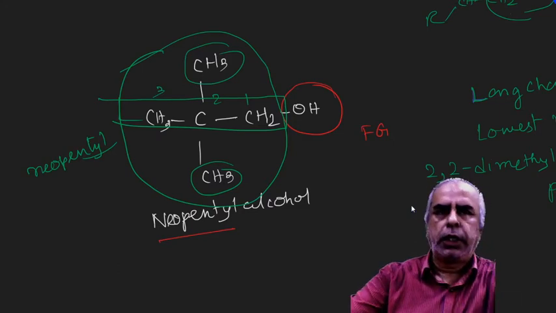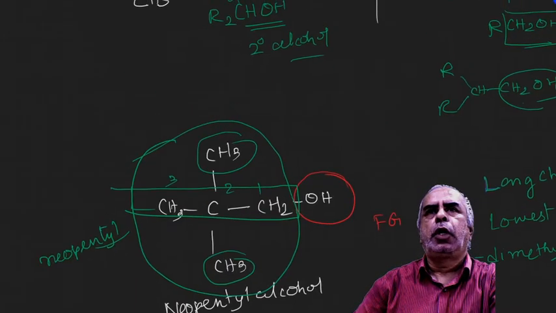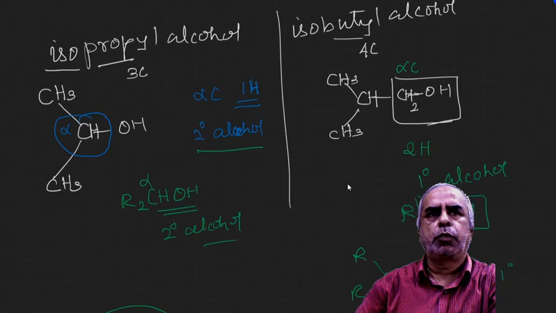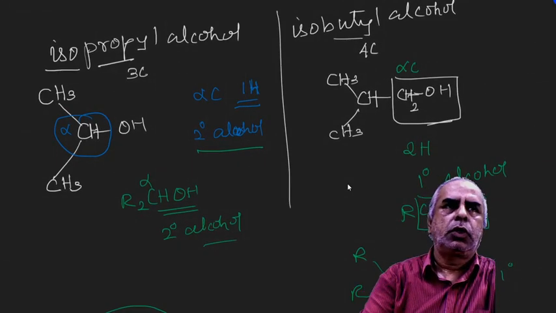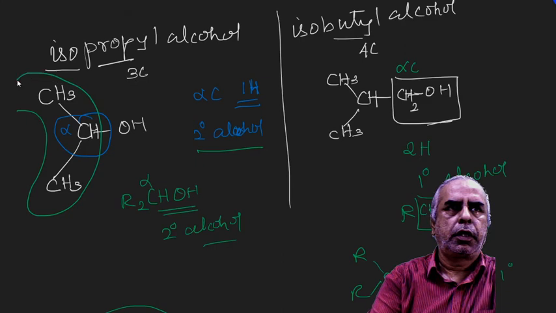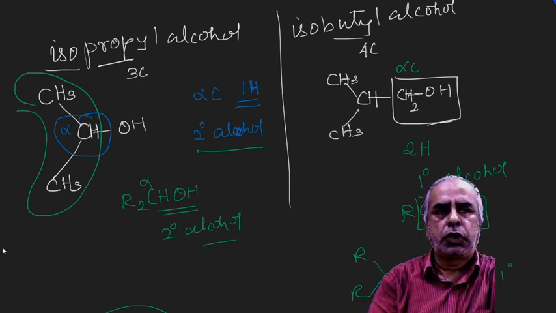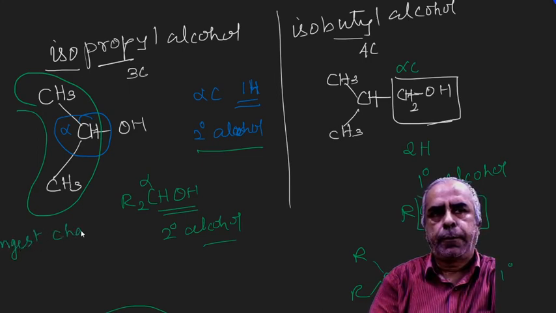So let us check the IUPAC nomenclature of isopropyl alcohol also. So what is the IUPAC name? Select the longest chain. This is the longest chain. How many carbon atoms are there? So the checklist: select the longest chain, then count the number of carbon atoms.